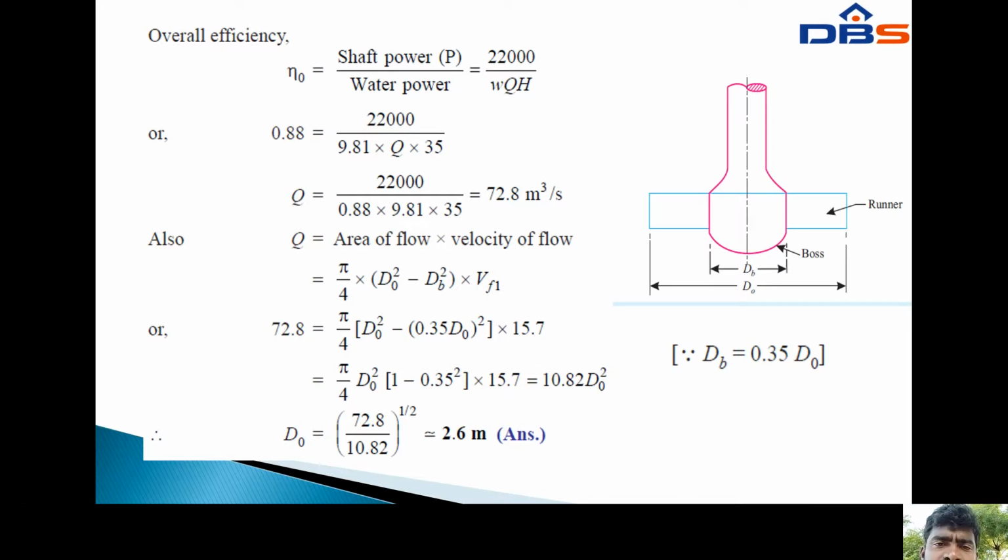The overall efficiency is given as 0.88, so 0.88 equals 22,000 divided by 9.81 into Q into 35. Therefore, Q equals 22,000 divided by 0.88 into 9.81 into 35, that equals 72.8 meter cube per second. Therefore, Q equals area of flow into velocity of flow.